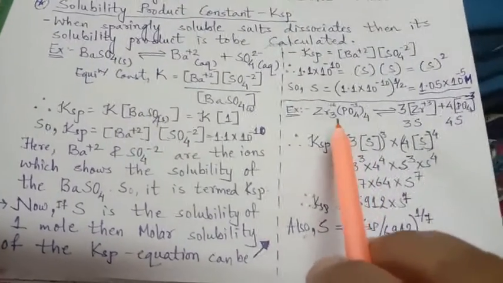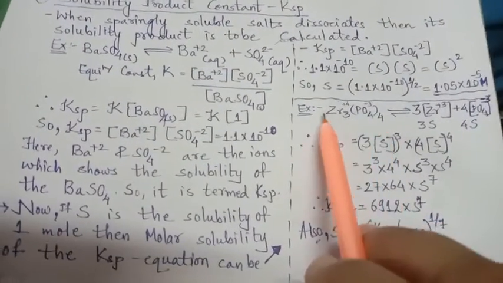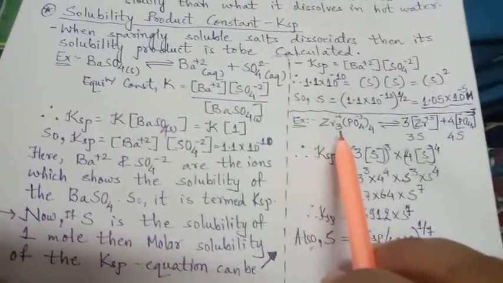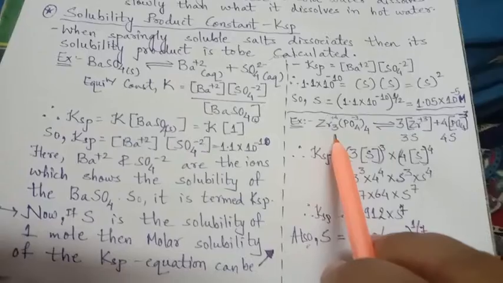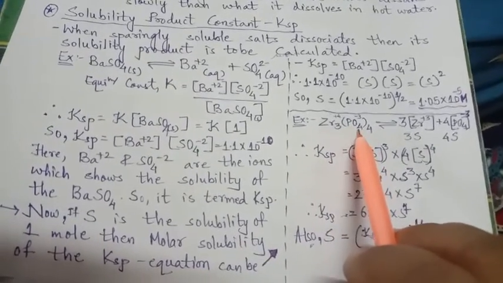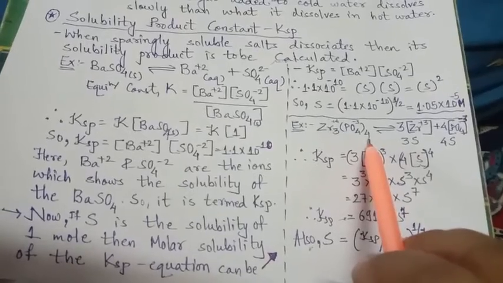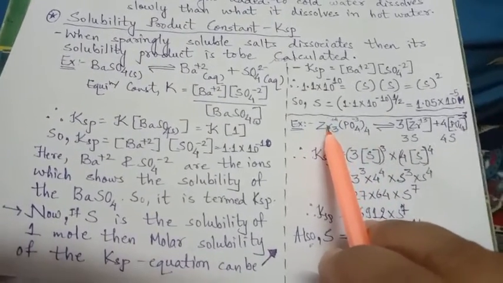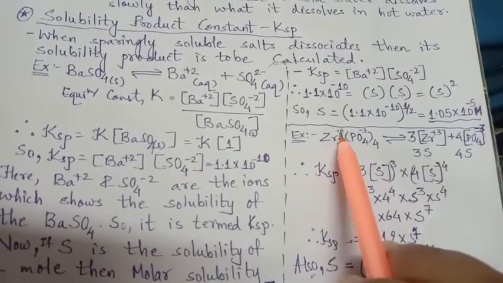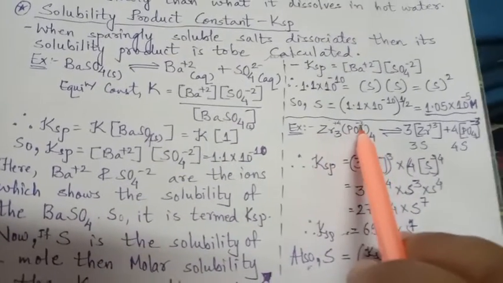One more example is of zirconium phosphate, Zr3(PO4)4. You must know, as you have learned in 3rd standard, that the 3 is because of the negative charge of PO4, and the 4 is because of the positive charge of zirconium. So here I have written plus 4 for zirconium and minus 3 for phosphate.